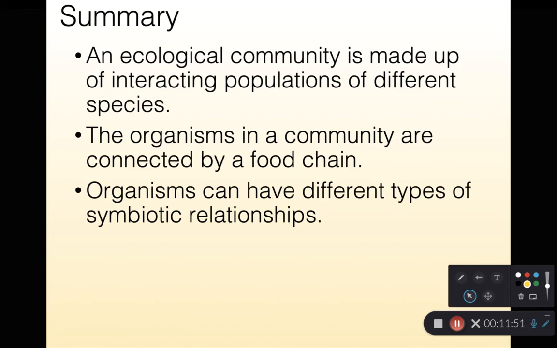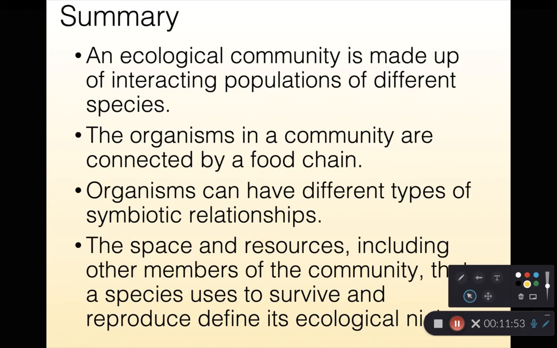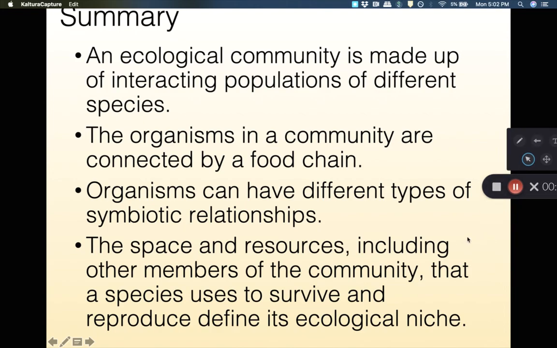And those are the ones that we just went through. Ultimately, the space and resources, including other members of the community, that a species uses to survive and reproduce define a species' ecological niche.